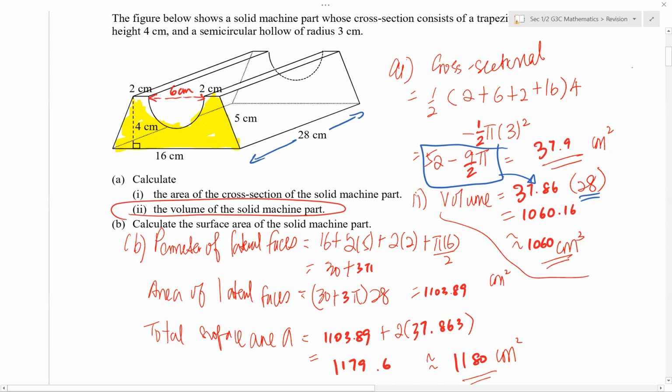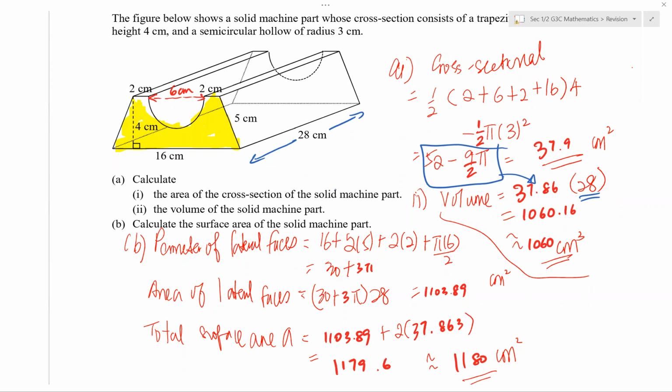Next, we have to calculate the surface area of the solid machine part. So surface area is a little more complicated than volume, but it's not difficult also. All we need to do is to multiply 2 of this yellow portion. The front and back, they are the same. So we have 2 of them. Over here, 2 times of 37.863.